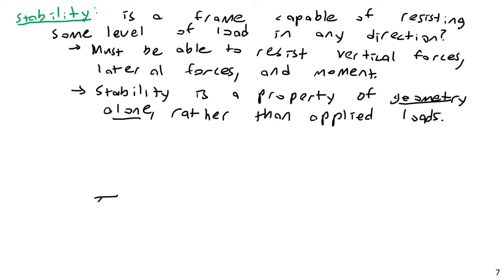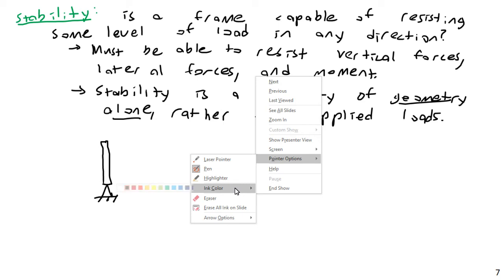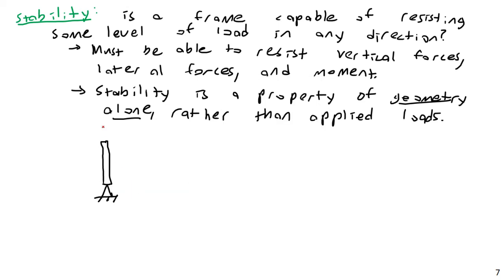Imagine I have a frame like this. I have a pin joint, and there's a column on top of it. And then let me show you the loads that are applied to this. Let's say there's just one single load, a downward 10 kip load.